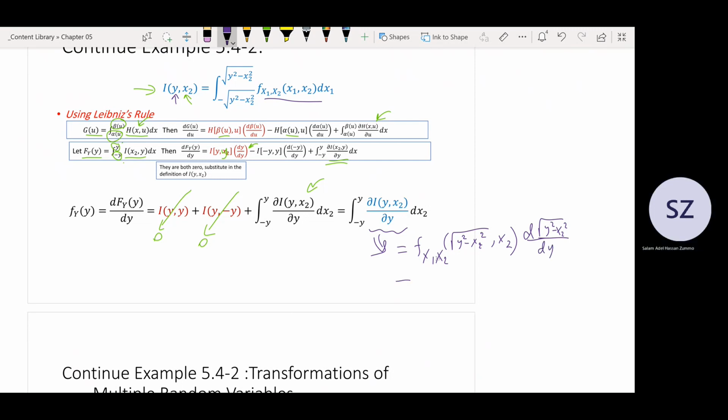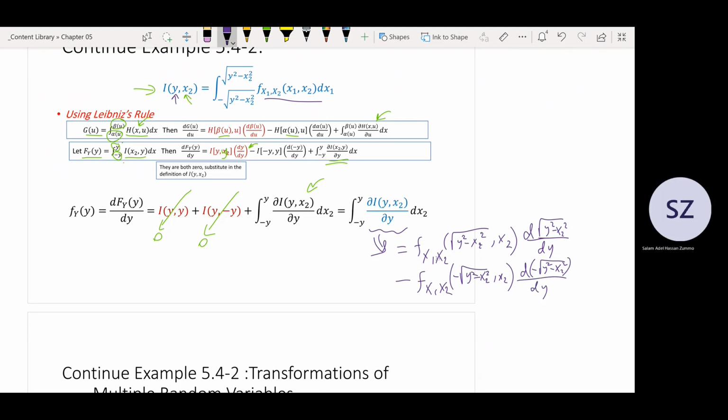Minus the same function, however, evaluated where now? The second limit. What is the second limit? Minus the square root of y squared minus x2 squared, again x2, multiplied by the derivative of minus the square root of y squared minus x2 squared.